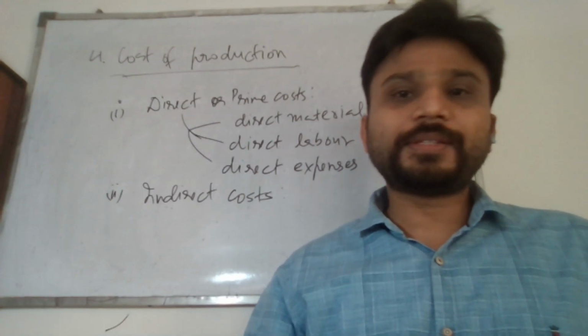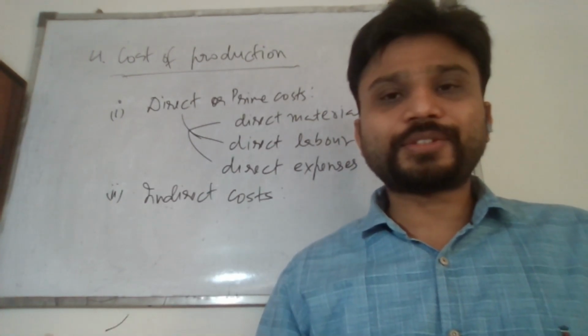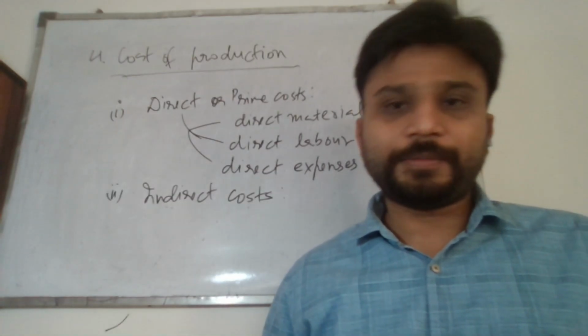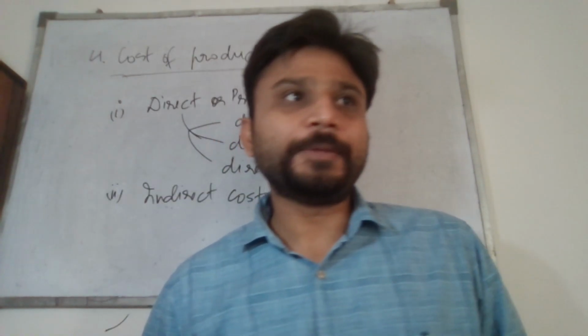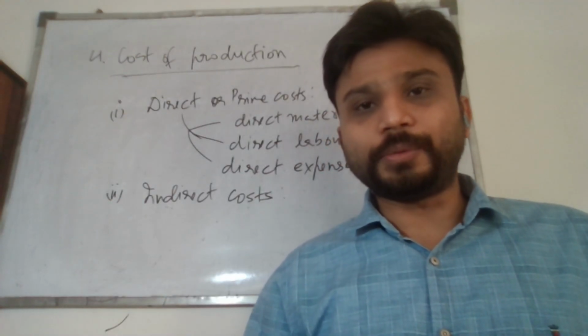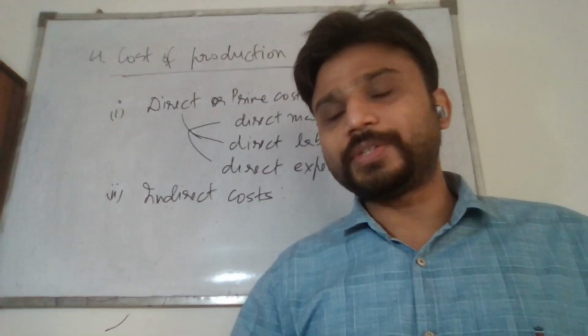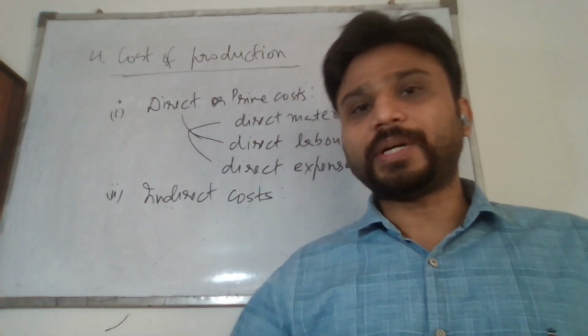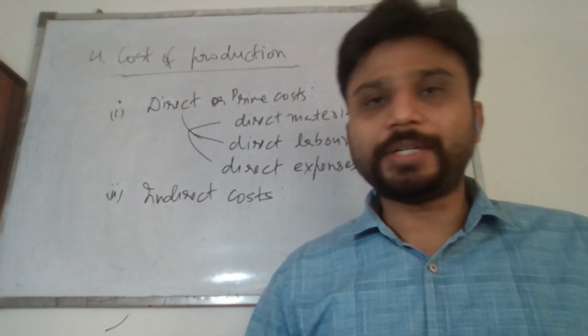For example, in manufacturing a steel plate, the fluid used to cool the tool, the cutting fluid, is not part of the direct material. It is an indirect material.